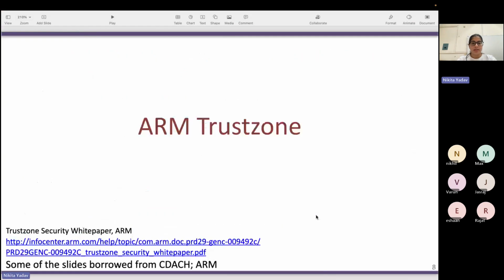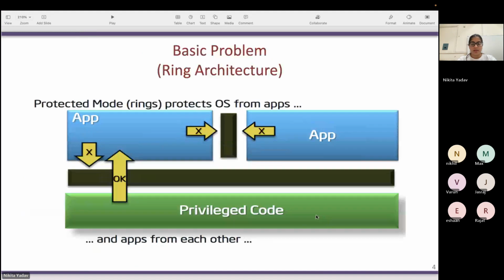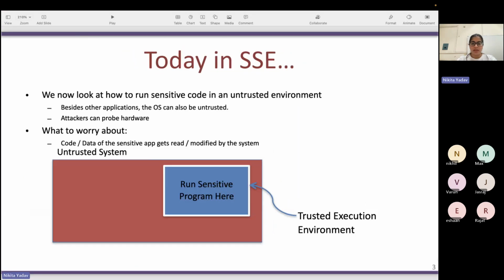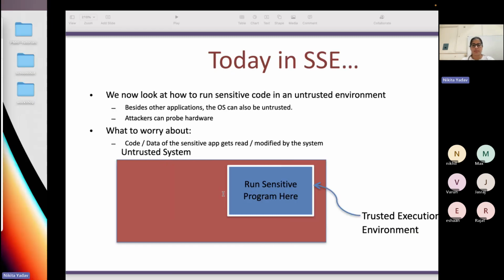We started here, right? We said, okay, this is our sensitive application which is running here, and this is an untrusted system, and we do not trust the system. That's why we are going to run it inside a trusted execution environment. Now, I'm asking you, where are you going to run this application?